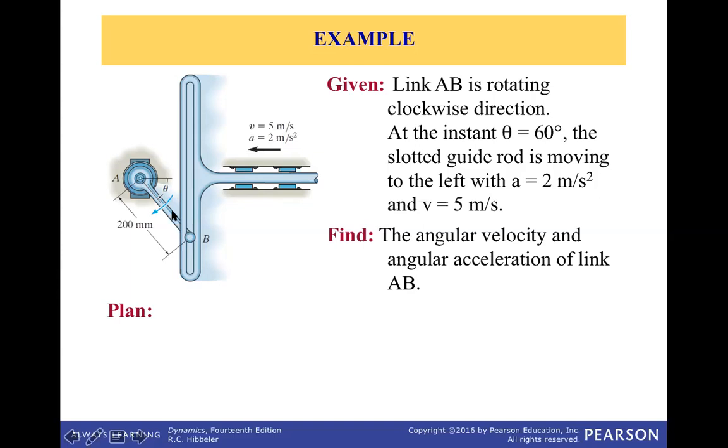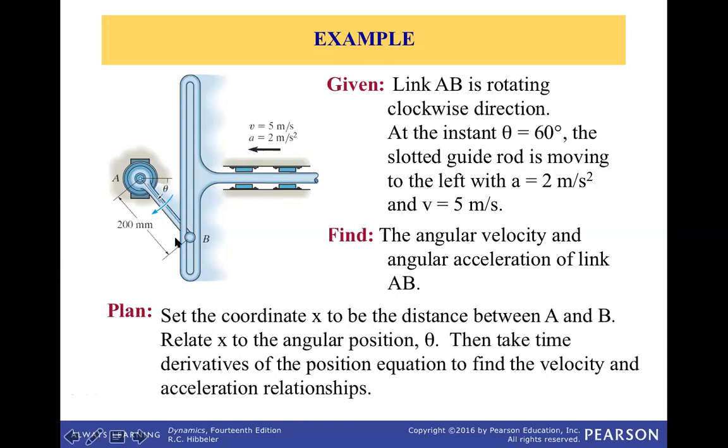Here the angle theta has already been defined, that's the reference line. Then you need another position variable defined. In this case, the problem sets the coordinate x to be the distance between A and B, the x component over here.